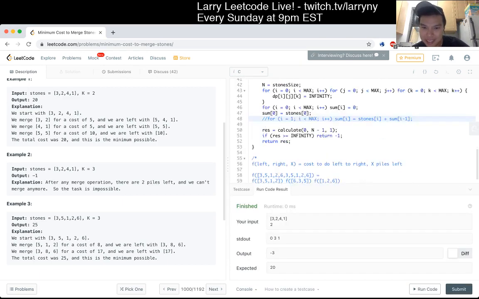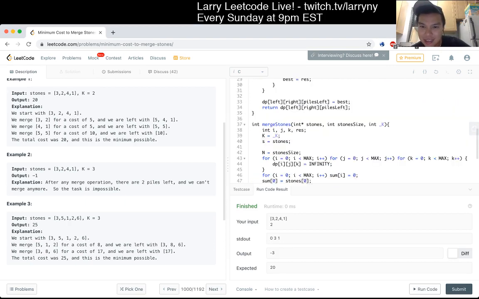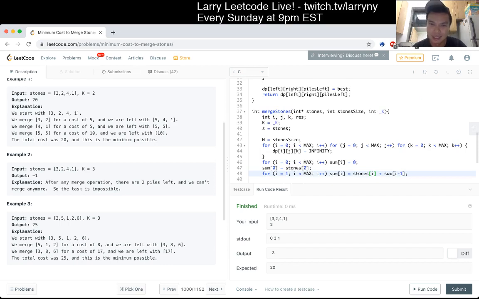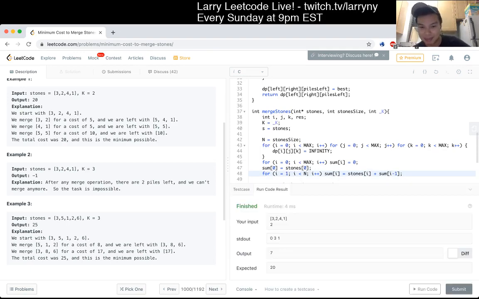Oh man. Oh, because this is max, not min. What a silly mistake. Well, I can't believe I spent that much time debugging that, but okay.